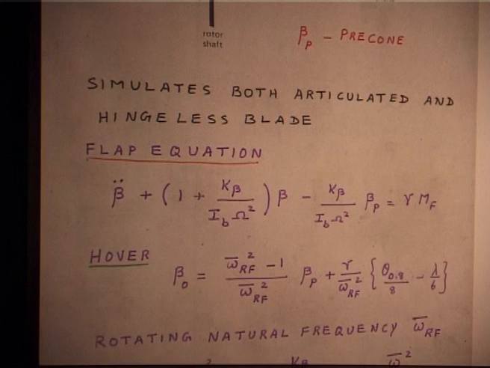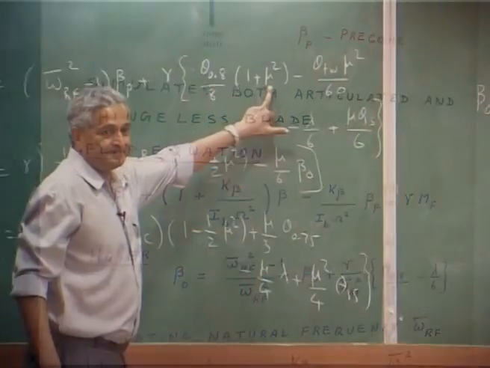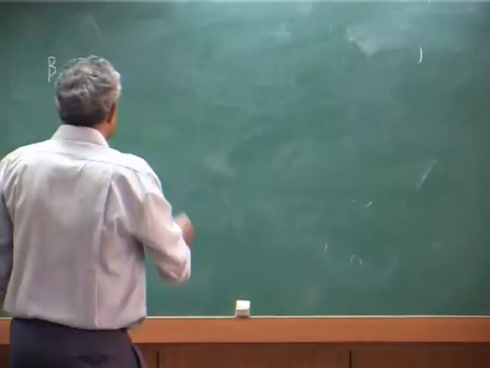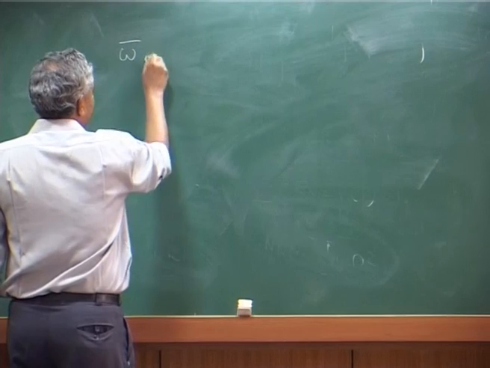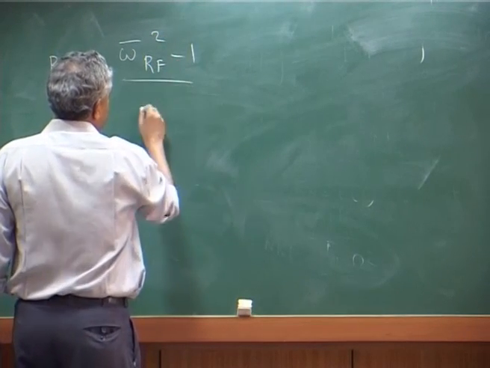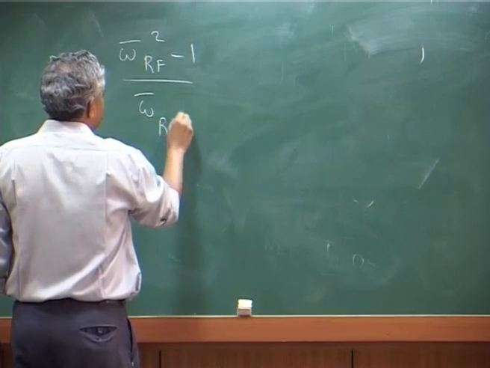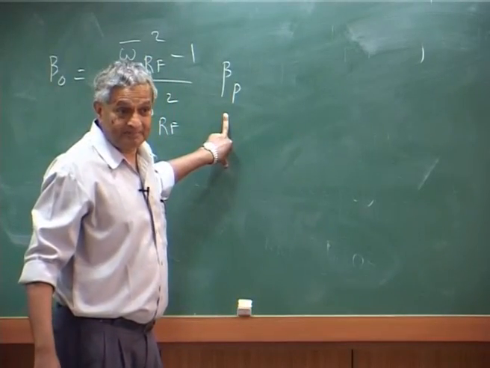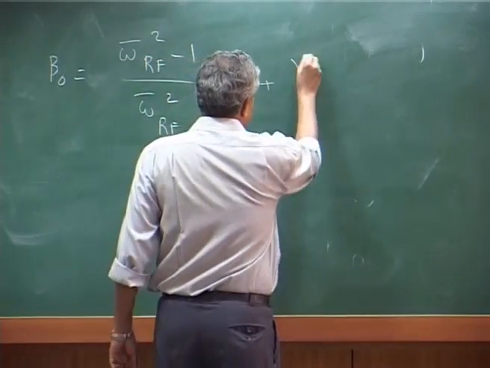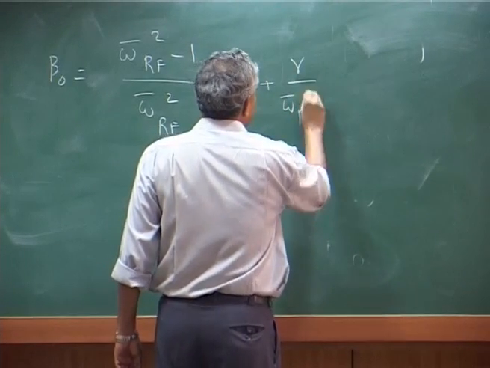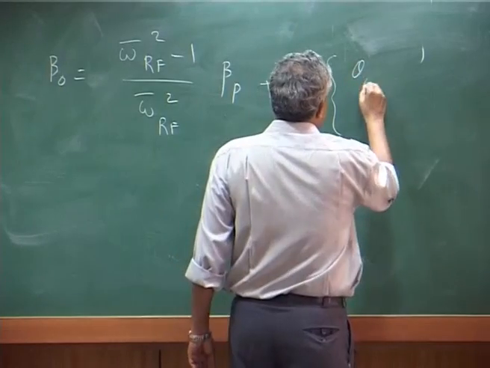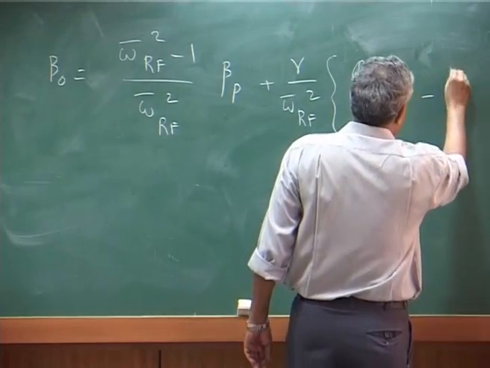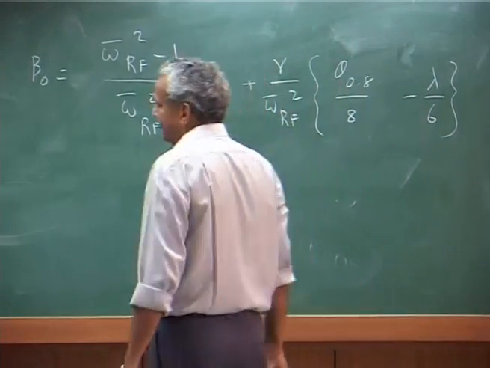Beta naught becomes, because all the mu will go off, omega bar RF square divided by omega bar RF square into precone, because the precone term is there, plus gamma over omega bar RF square into theta 0.8 over 8 minus lambda over 6.